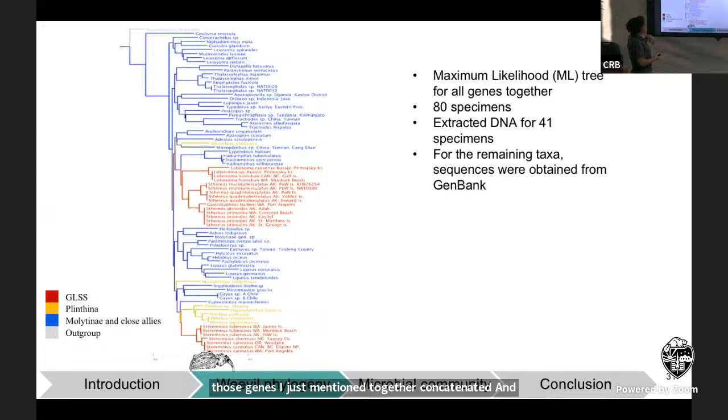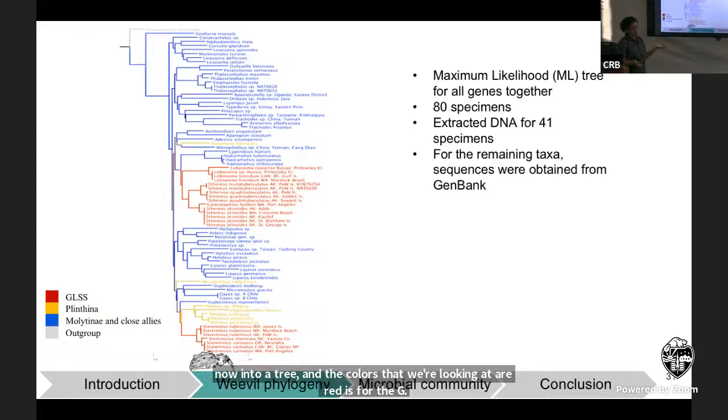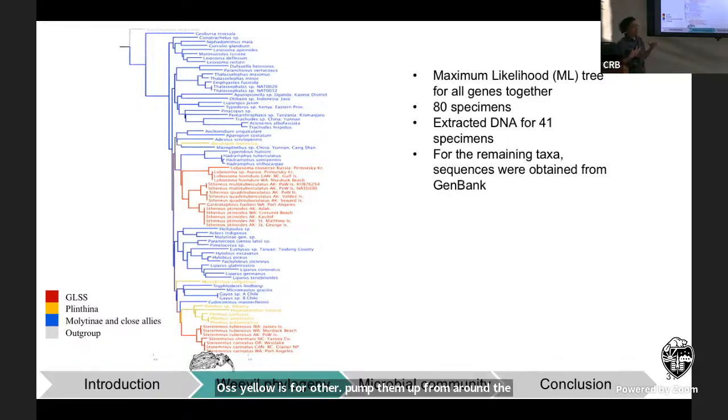The colors we're looking at are: red is for the GLSS, yellow is for other Plynthona from around the world, blue is from Molotini and various closely related weevils to Molotini, and gray is Mayo group. In total, I had 80 specimens in my final phylogeny, 41 of which I had extracted DNA from, and the remainder of which I got from GenBank from online sources.